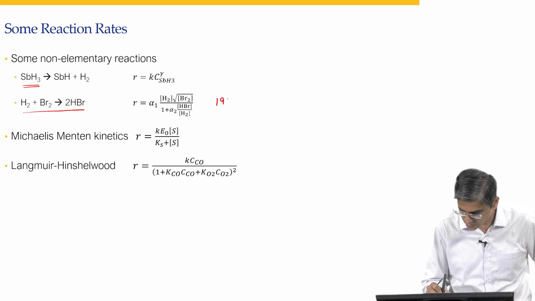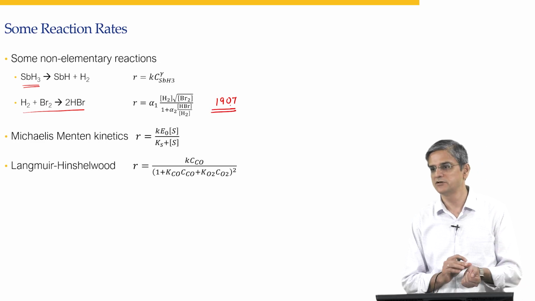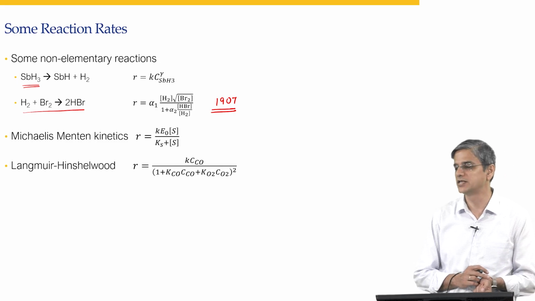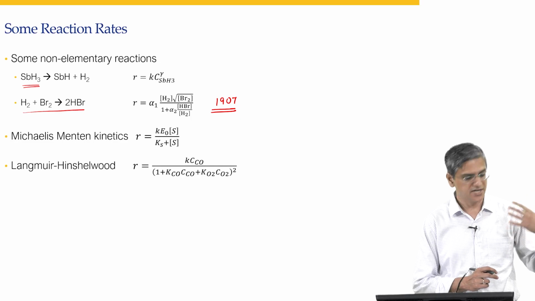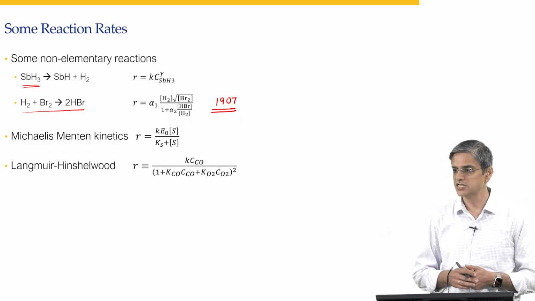In 1907, this was the first reaction where Bodenstein came up with the mechanism of the reaction and then developed the overall rate law, which looks like this.